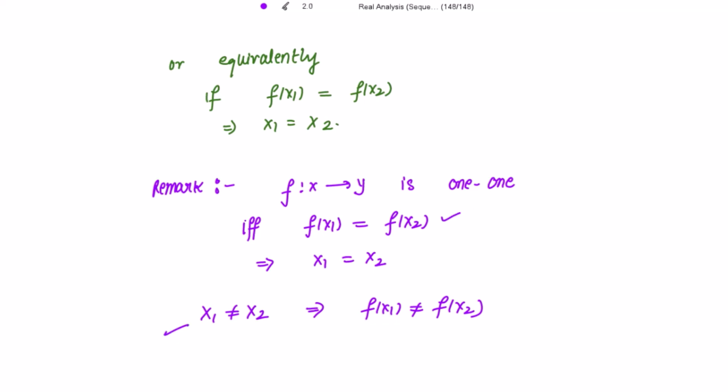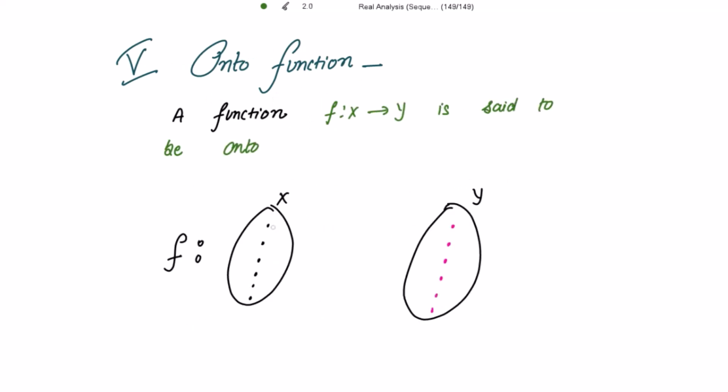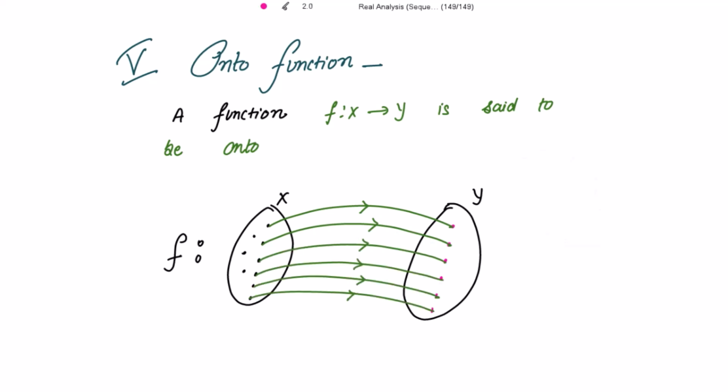Then is the onto function. A function f from x into y is said to be onto if every element of y has at least one pre-image in x. The points belonging to y must have at least one pre-image in x. That means all the points of y must have pre-images in x, at least one.